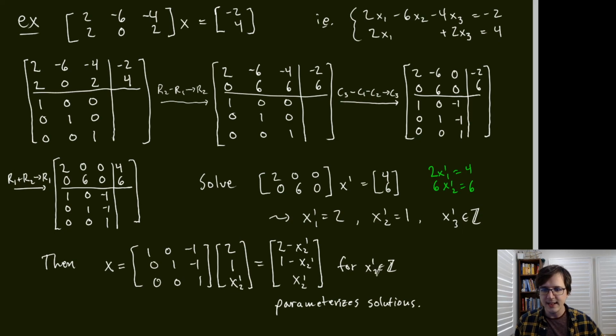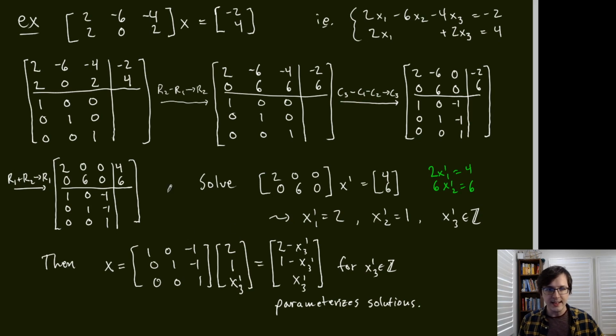That was a little mistake. Okay, so now that we've solved for that, we take the solution vector, 2, 1, x3 prime, and multiply it by the P matrix that we got, and that gives us all of the solutions. So this is a parametric solution to this linear diophantine system of equations.